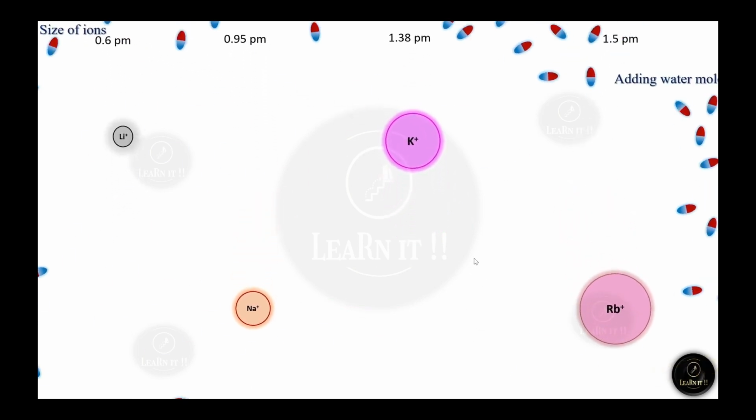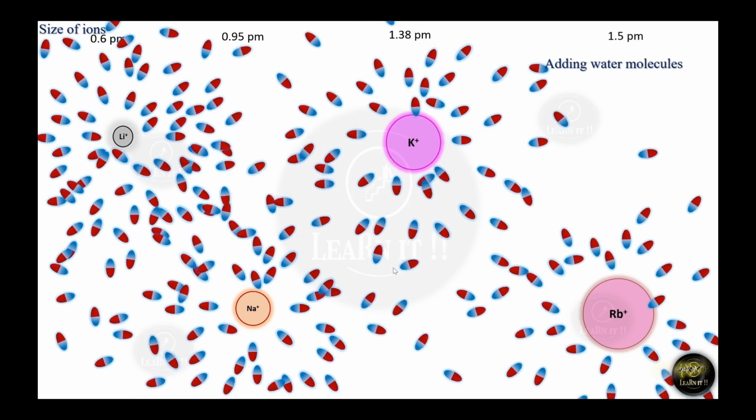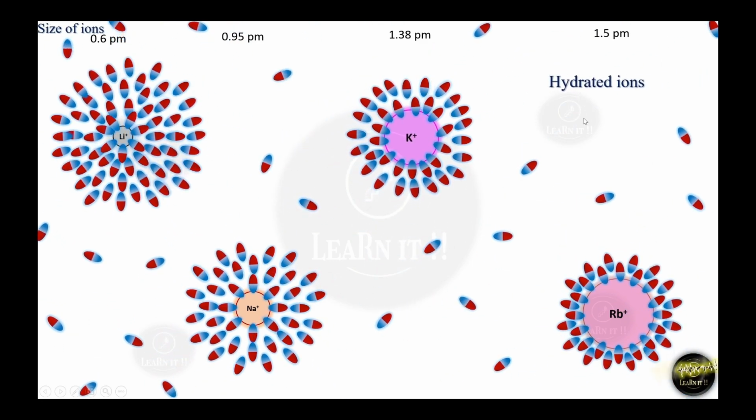When we add water, we know water is a polar solvent, so it has plus and minus charges. As these ions are positively charged, the negative part is going to surround the ions. So we get hydrated ions.